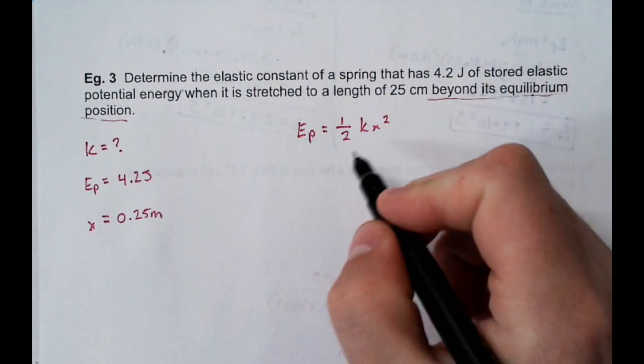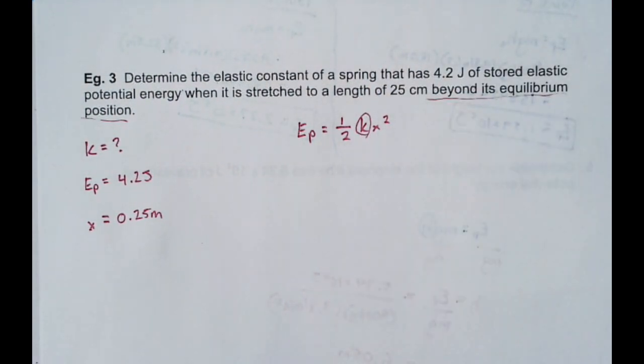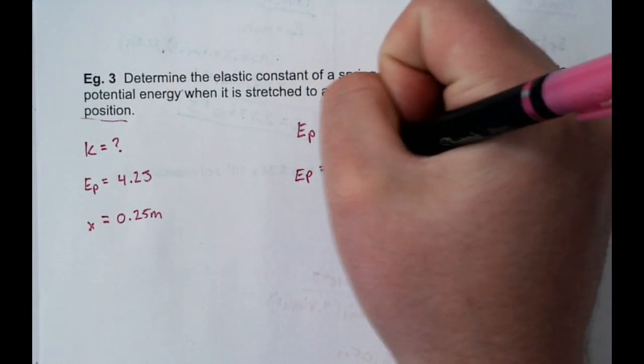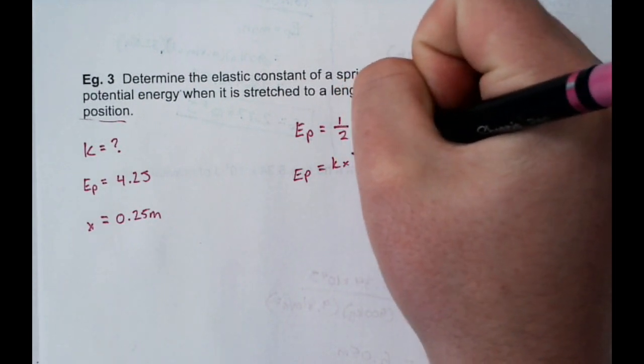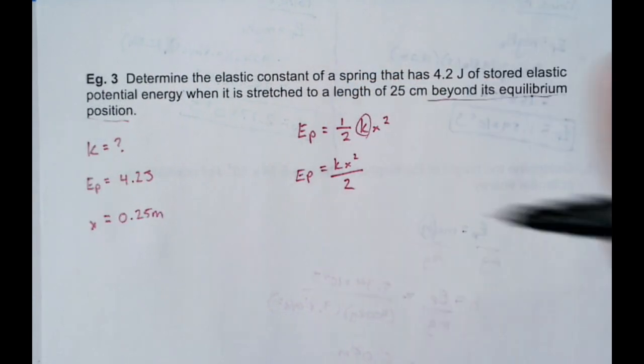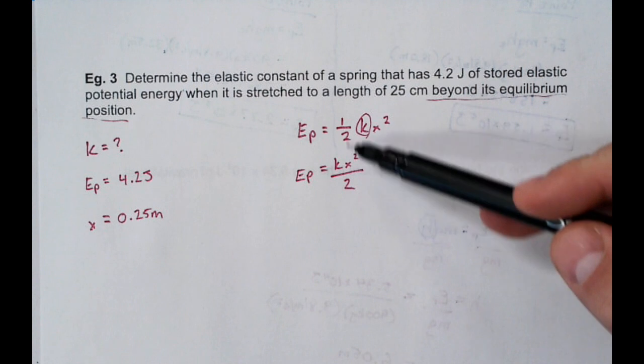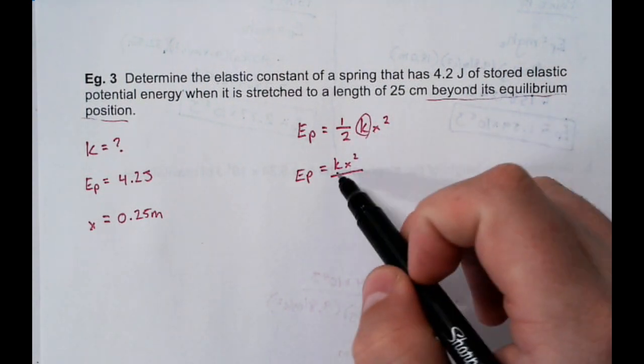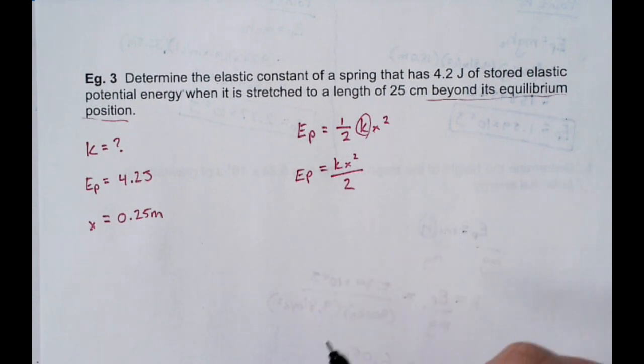We want to rearrange and solve for K. To do that's a little trickier, but it's easier to see if you rewrite as potential energy is equal to kx squared over 2. This is the same thing, just written in another way. So what we want to do is move everything to get k by itself.